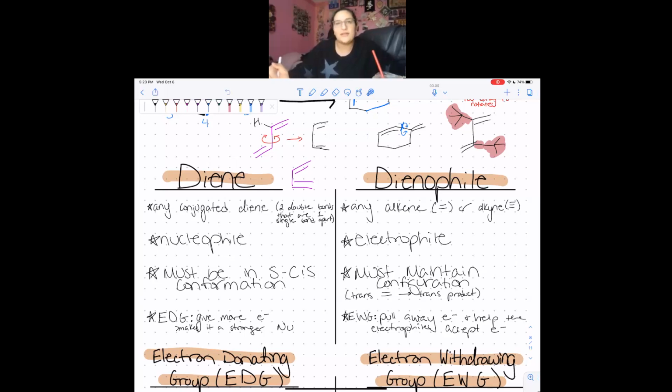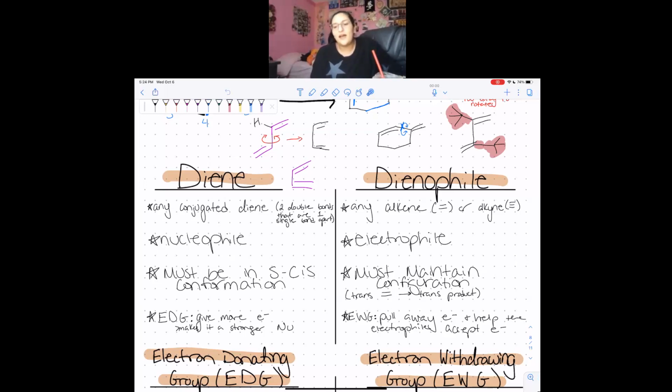I can show you an example of how he'll ask that in a second. Additionally, the diene wants electron donating groups because those groups donate electrons to the diene, and then the diene has more electron density, so it has more electrons to attack with, so it's a stronger nucleophile.